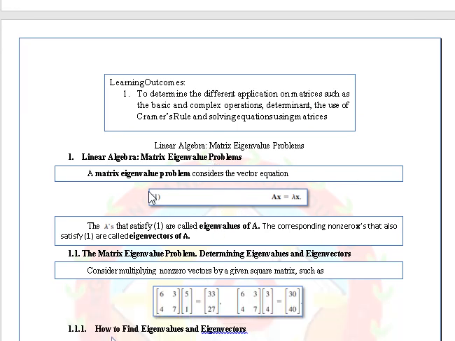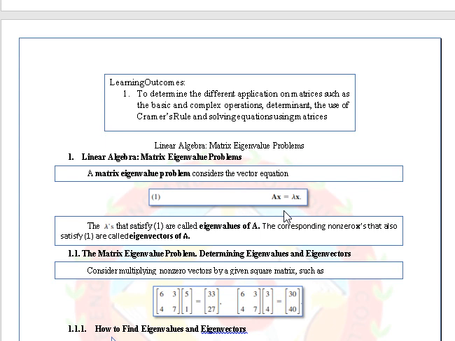The matrix eigenvalue problem considers the vector equation: matrix A multiplied by x, where x is also a vector, is equal to lambda multiplied by x, where x is also a vector. So we have matrix A, vector x, and the scalar lambda and vector x. This equation is called a matrix eigenvalue problem.